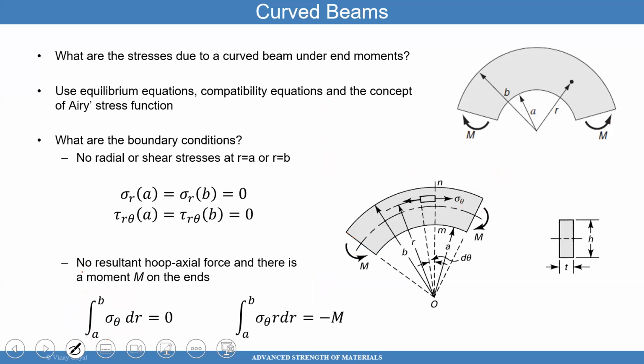Yeah. Not in the axial direction. Yes, in the axial direction, but integrated through the thickness, because the limits of the integral are r equals A to r equals B. So along the surface, right now, there's no resultant axial force.